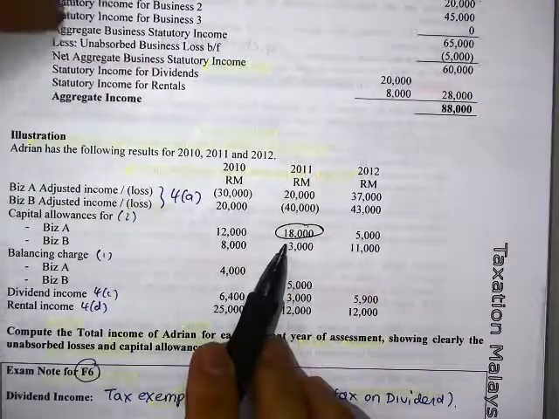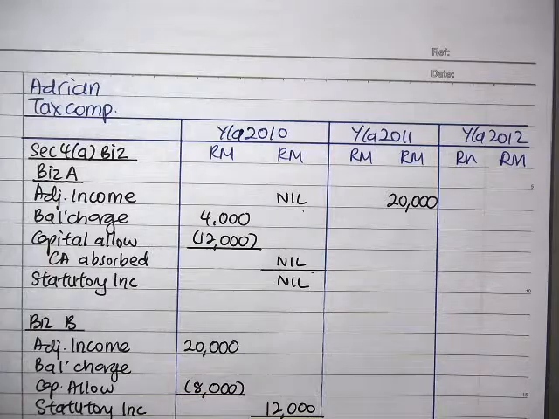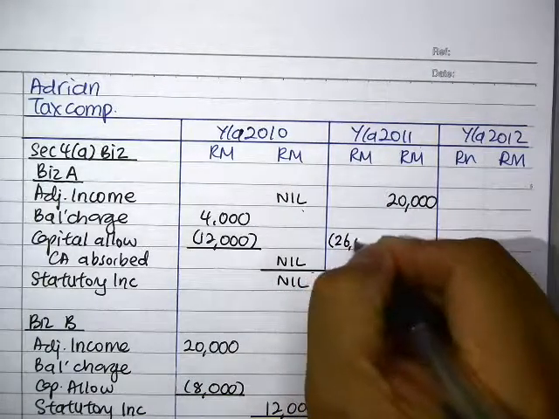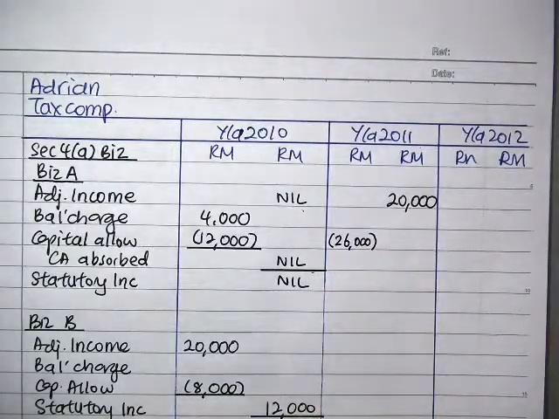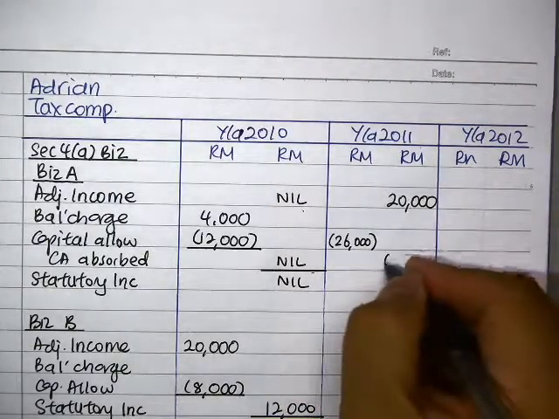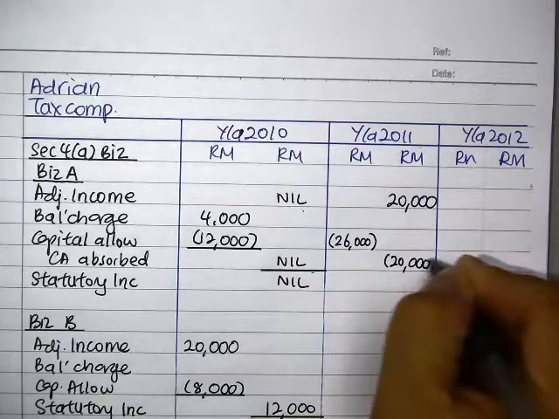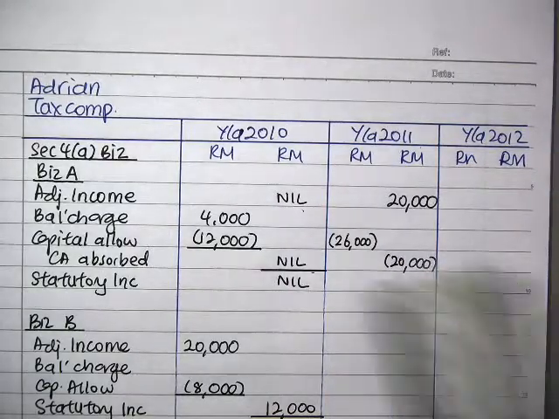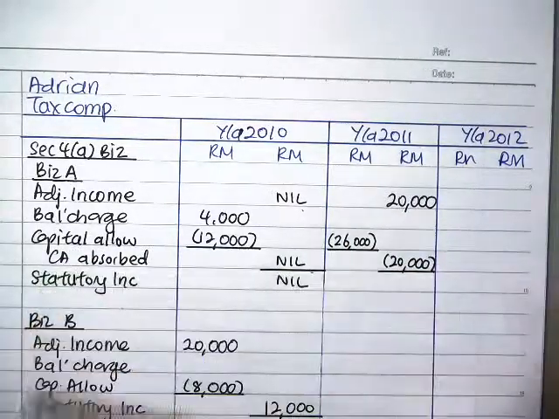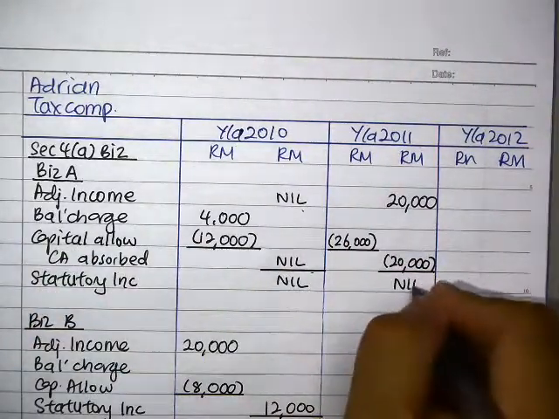And not forgetting, you've got 8,000 from last year, so that's 26. And again, you will not have enough income to absorb, so the most you can absorb will just be 20. Right, so that will bring us an excess of 6,000 to carry forward.